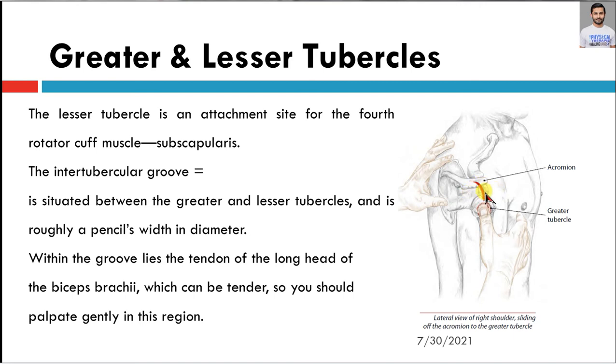There is a potential space almost as thick as your finger or thumb, about 1.5 centimeter to 2.5 centimeter. So this site is really very important clinically, and just lateral part of the shoulder you can find the greater tubercle.